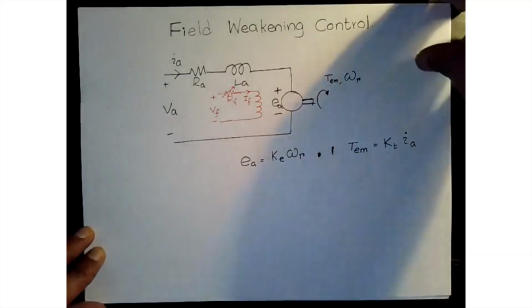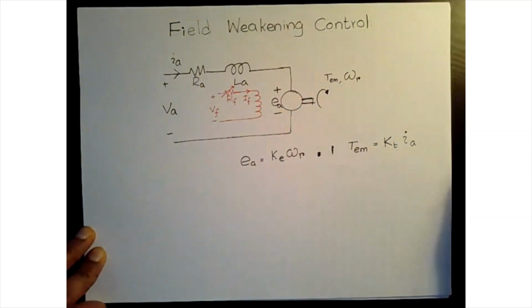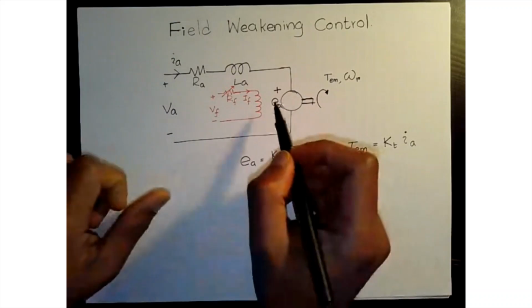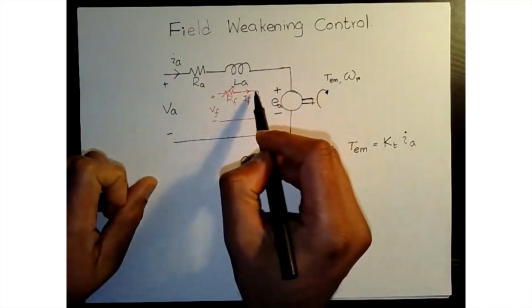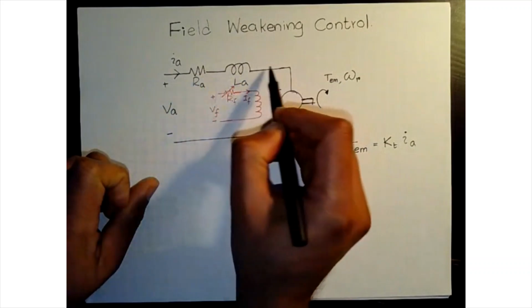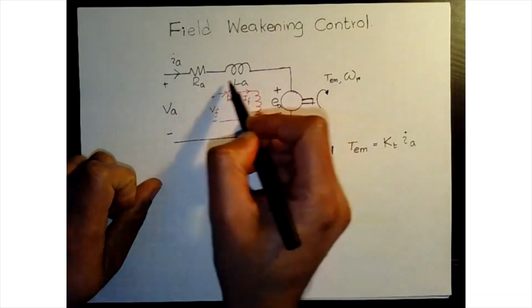Okay. I'm going to go to a different page because we might just need some room here. So, field winding mathematically interacting with. Okay, so now remember, we have a field winding, right? And we have the rotor winding, the armature winding, right?